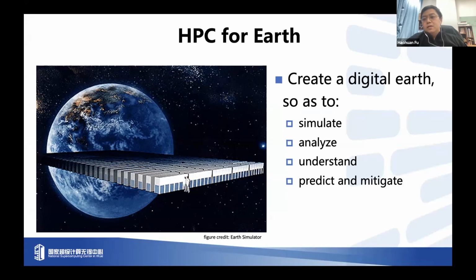Basically, as computer science people, we want to create a digital Earth so that we can simulate different kinds of phenomena that happen on the Earth, and then we can analyze all the different changes, and try to understand the underlying mechanism of all these changes, so that we can make predictions into the future and provide guidance to politicians about how we should mitigate this change.